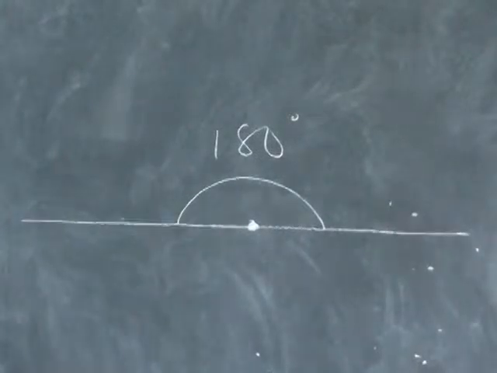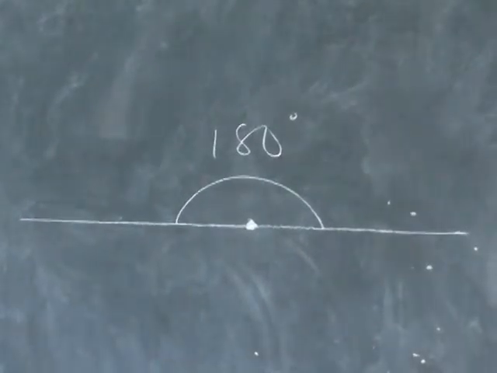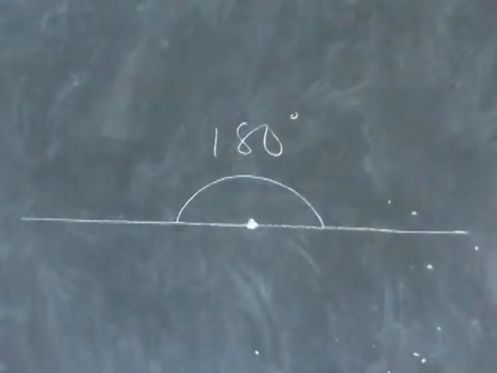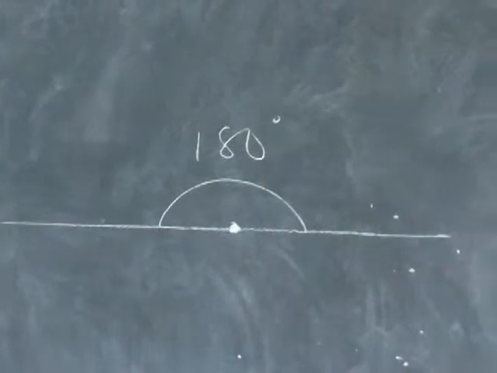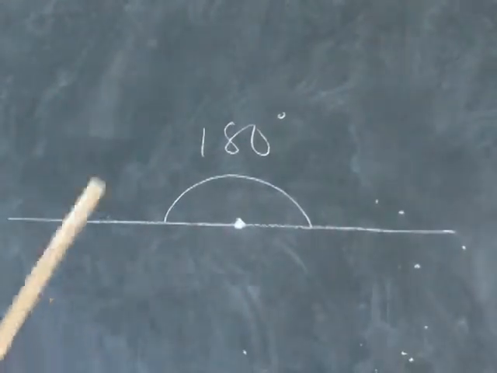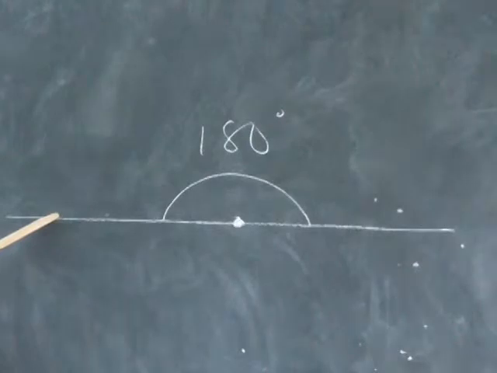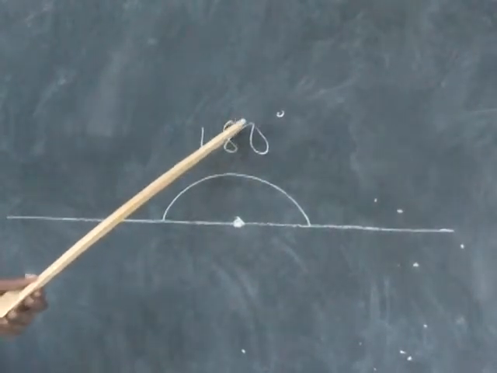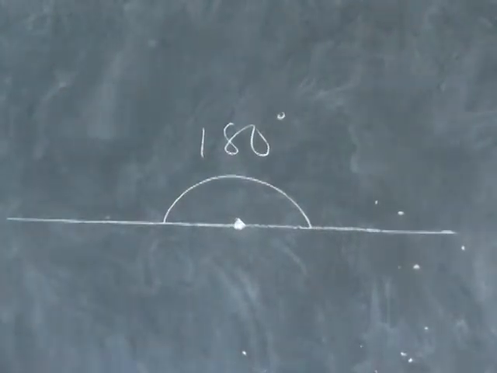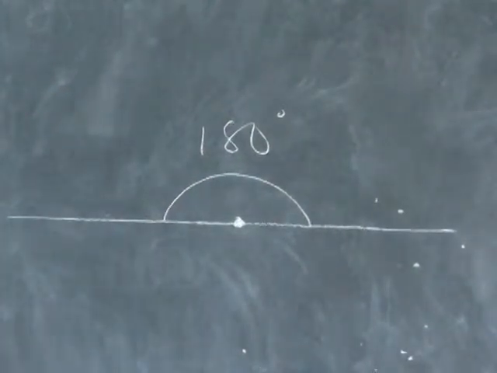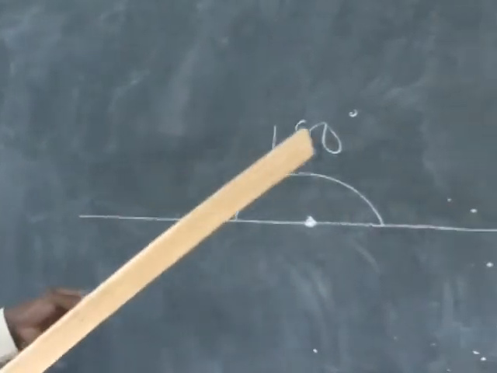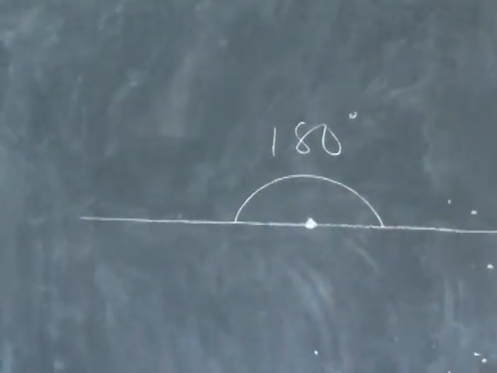So, if any angle comes to that point, now, because we know that this is a straight line, and an angle at a point add up to 180 degrees, we have another straight line here. And already you have the concept that this angle at a point add up to 180 degrees.